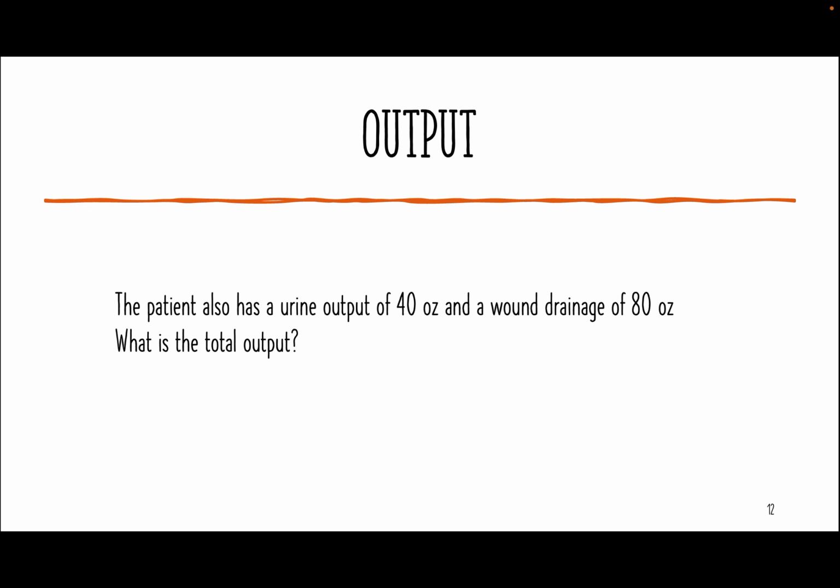So you have 40 ounces plus 80 ounces, which gives us 120 ounces. Remember, we're not done because we want it in mLs. So times 30, and we get 3,600. So that's how much output they had. And that's mLs, so we don't forget that we're trying to convert to mLs.